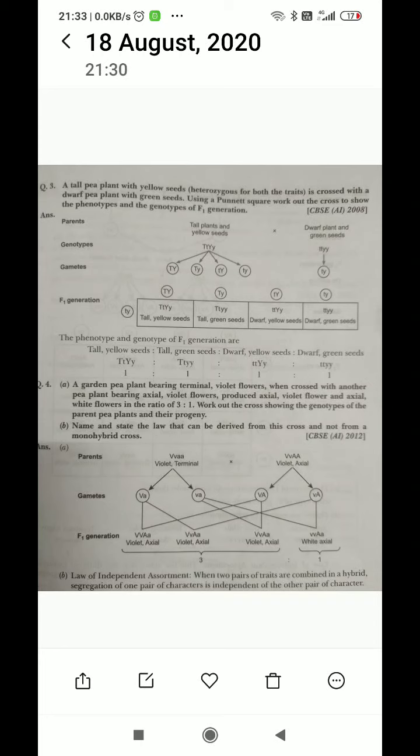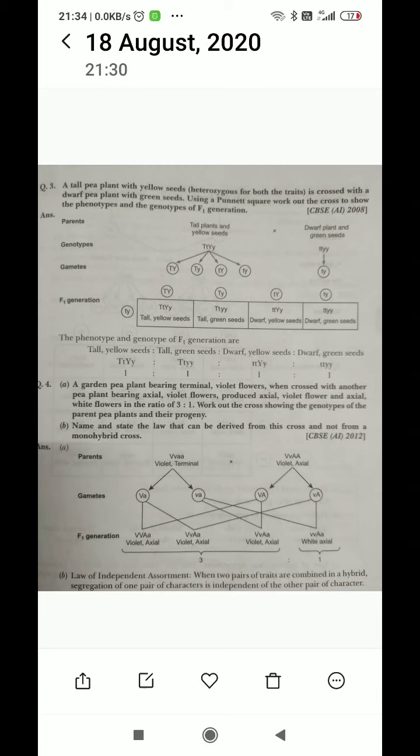Now, in the F1 generation, because here we have 4 types of gametes, you will write up all the 4 types of gametes, and here there is only 1 type of gametes, so you will write this. And now it will be capital T, small t, capital Y, small y, and below you have to write tall and yellow seeds.